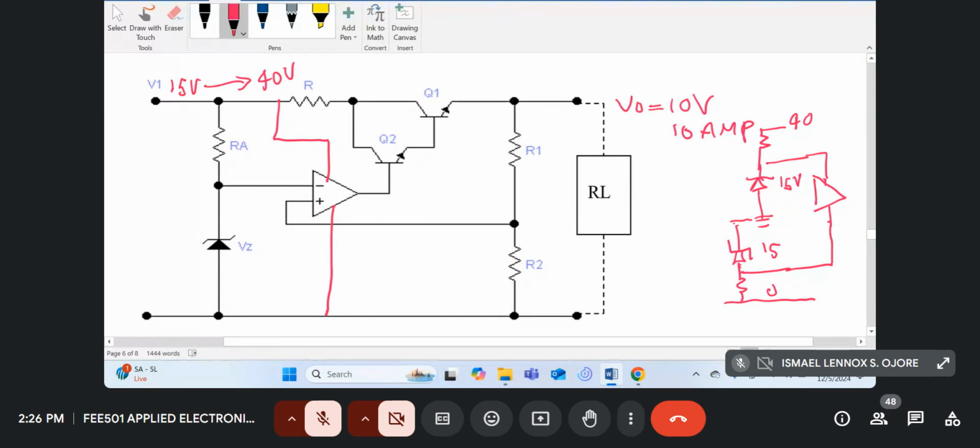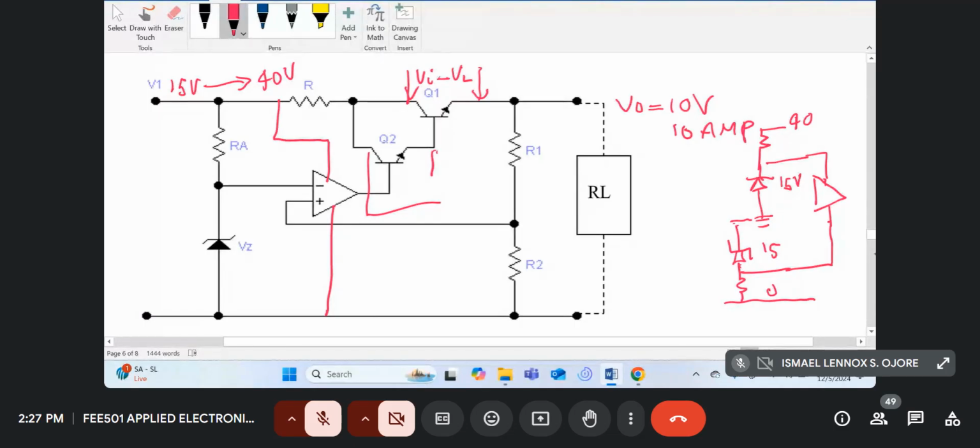So for example, in this diagram, the voltage across here will be VI minus VL, the voltage between here and here.